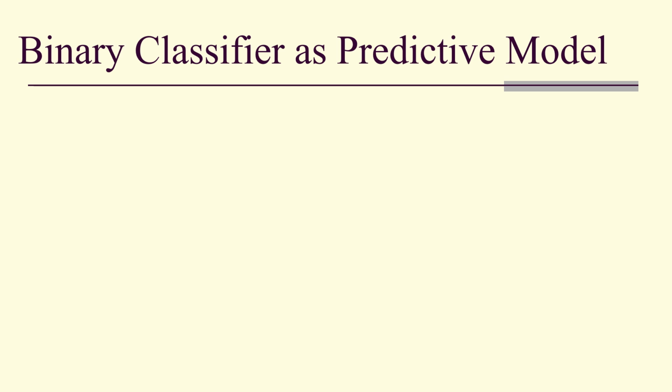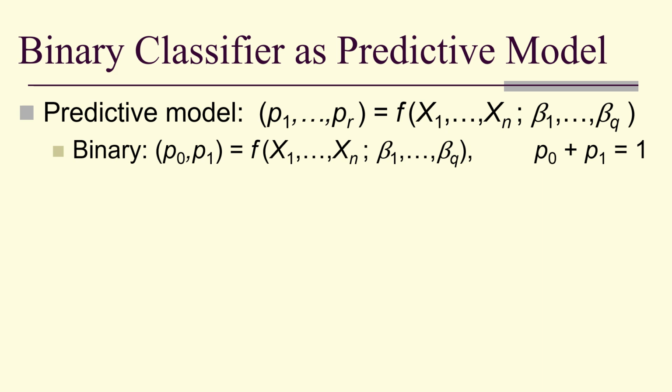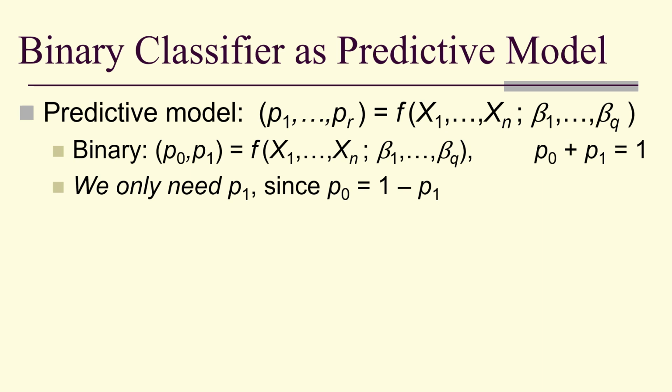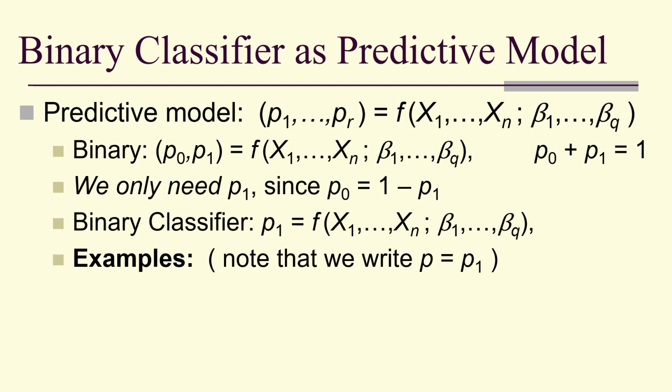So let's look at the binary classifier as a predictive model. Notice we often use betas for the weights, just reminding you of that. So binary, there's only two probabilities, P0 and P1, and they sum to 1. And so we only need P1 since P0 is 1 minus P1. So our binary classifier is just a single response variable P1 equals a function model.